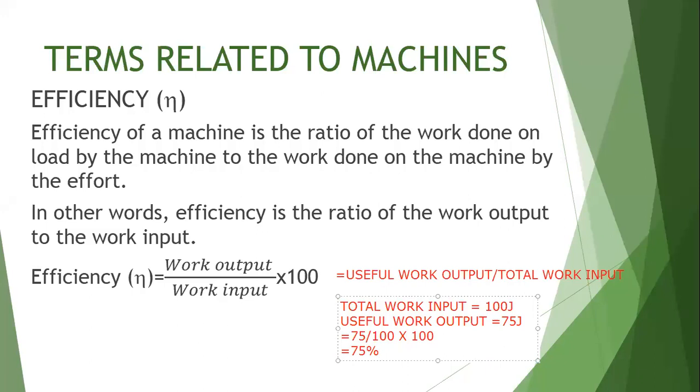It means that whatever energy you give to the machine, out of that only 75% is being used for the productive output. Only 75% is being used for the functioning of it.